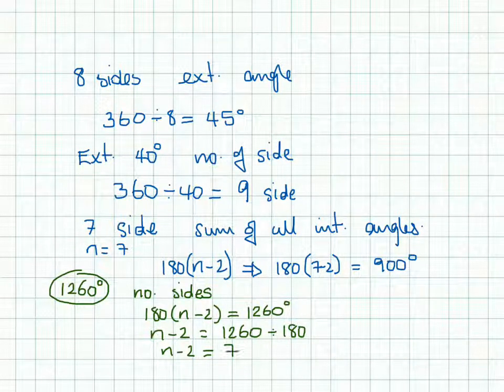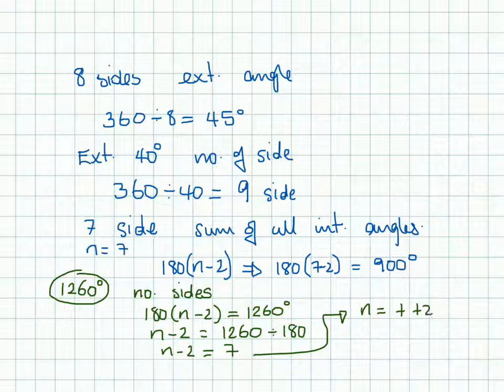7. Nice. Now it's just a quick matter of removing this 2 and bringing it on that side by adding 2. So I'll just bring my calculation over here just a little bit because of space, and I'm going to say that n is equal to 7 add 2, which tells us that it's going to have 9 sides.